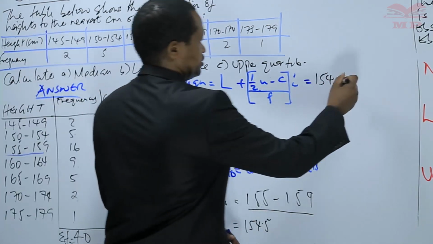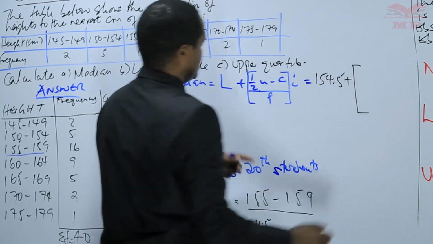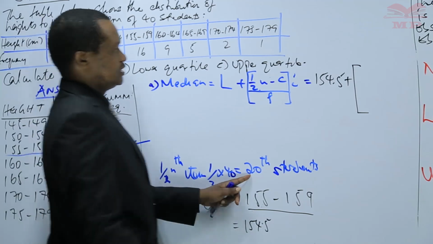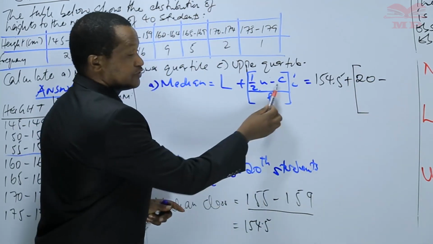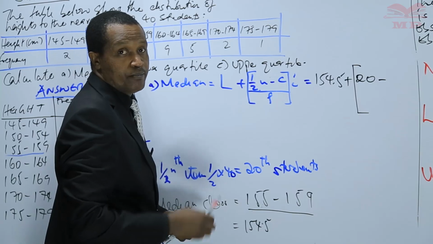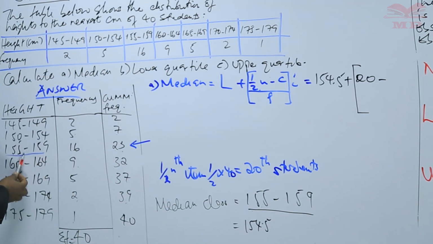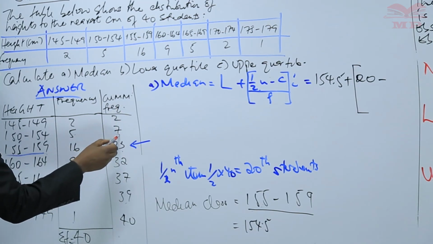Then we add a half of n, which we saw is 20, minus the cumulative frequency above the median class. If this is the median class, then the cumulative frequency above it will be 7.